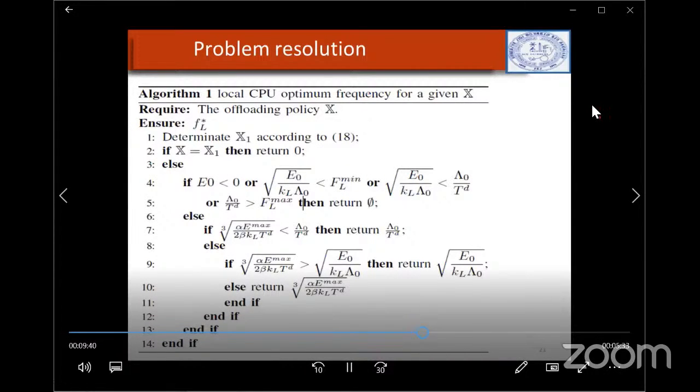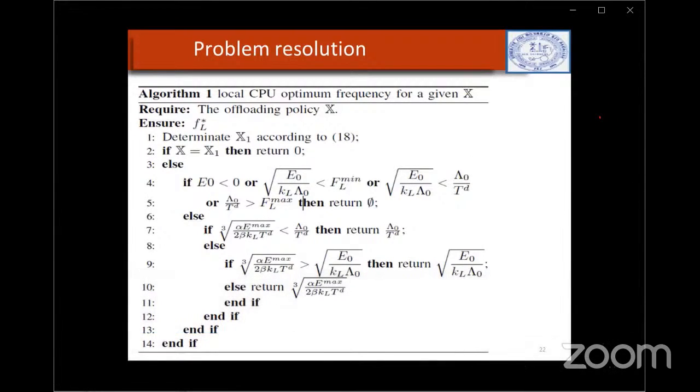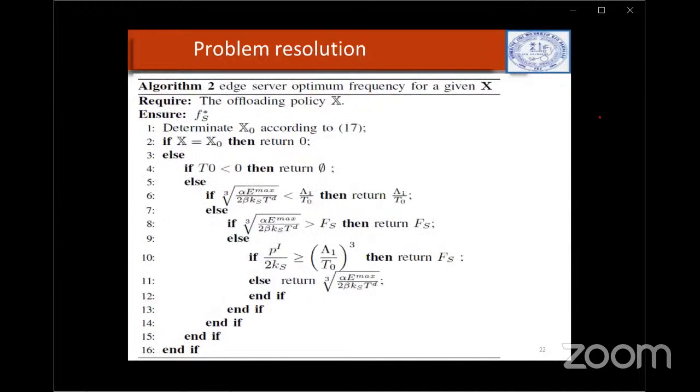This algorithm shows how to obtain FL star, the optimal frequency. The second algorithm shows how to obtain the FS star, the optimal frequency.